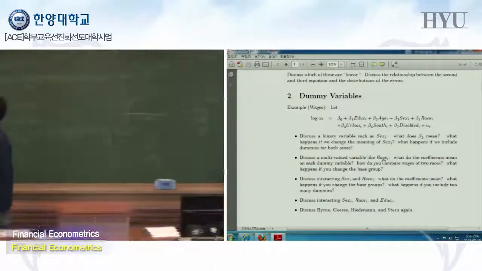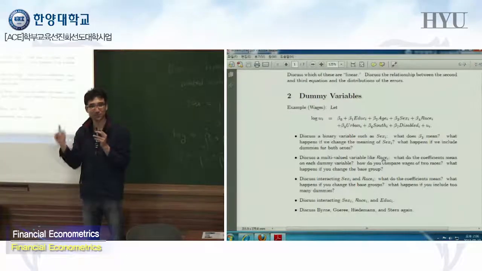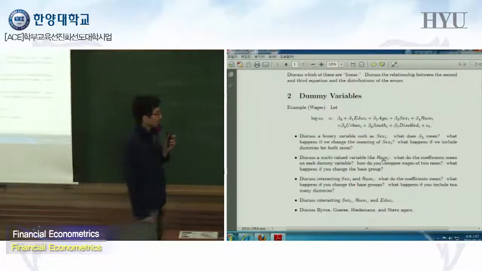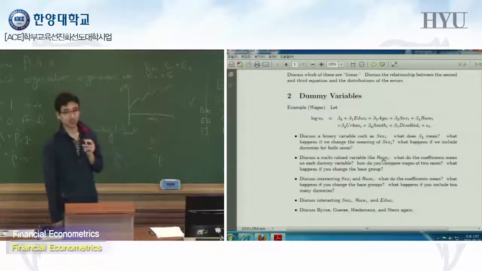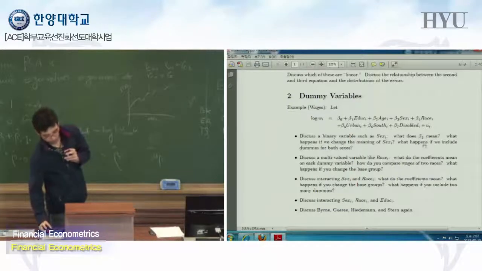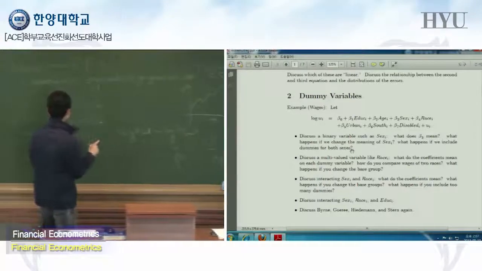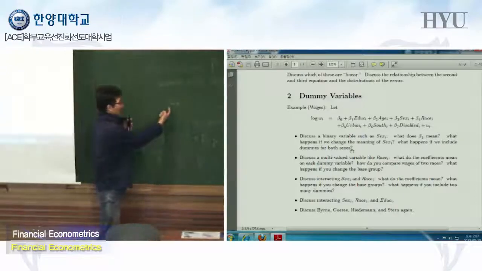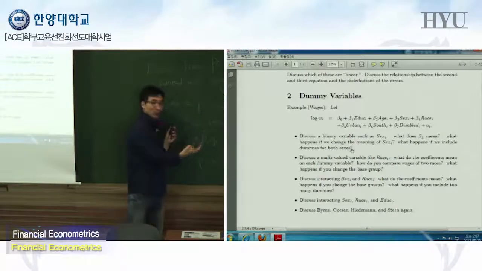So in this case, we have more than one beta 3. But there are very important issues related to multicollinearity. What happens if we include dummy variables for both sexes? In the previous case, I defined one variable called gender and gave the value 1 if male and 0 if female.